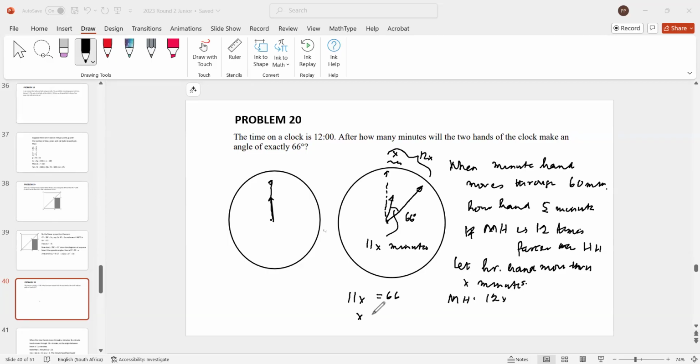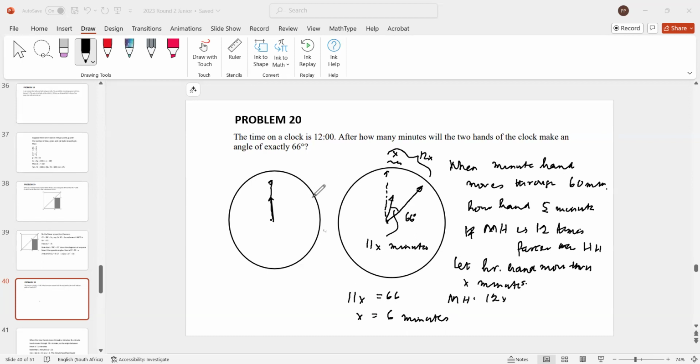Therefore, X must be 6 minutes. All right, so this X here has moved 6 minutes, and that's when the angle between these two will be 66. So think very carefully about this.